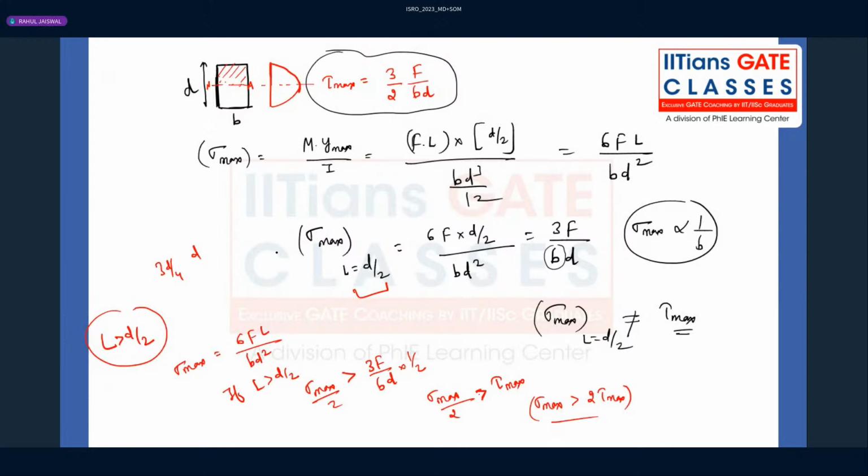Now we have to understand the bolted joints. Whatever the bolted joint question is there, that question we have to understand very carefully.